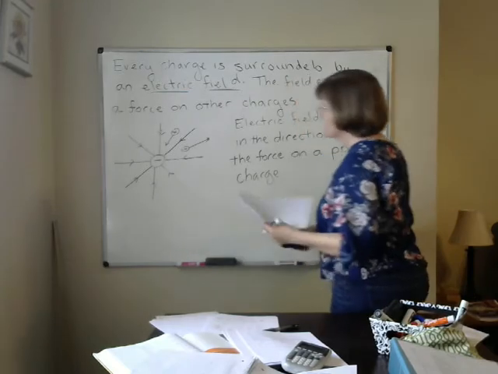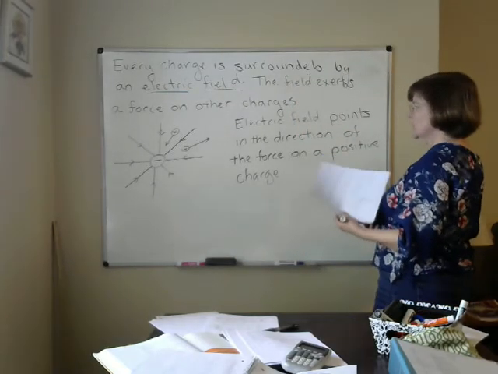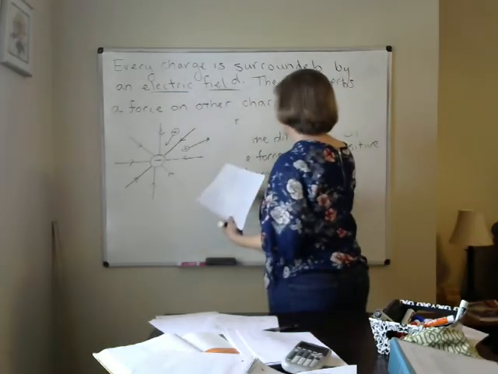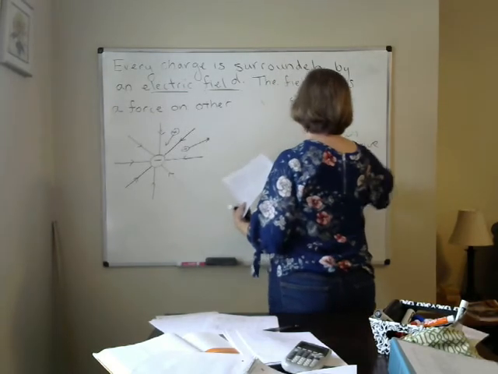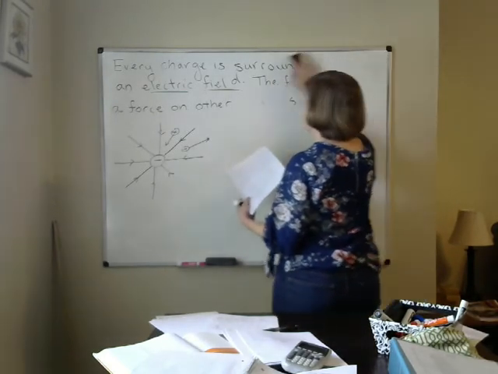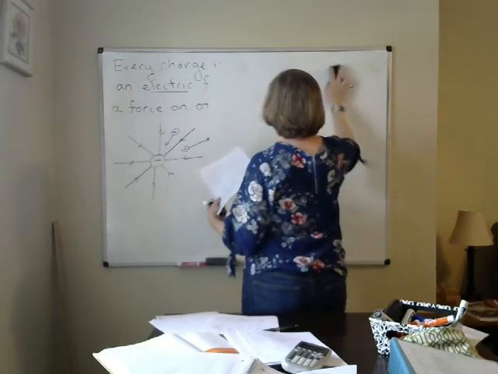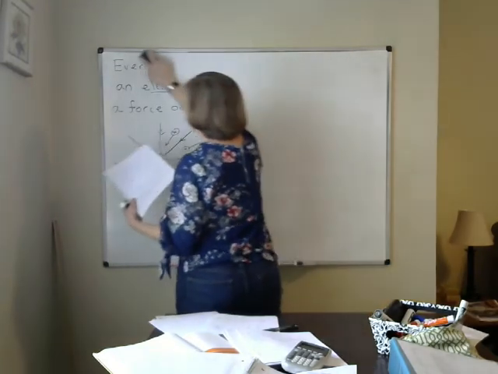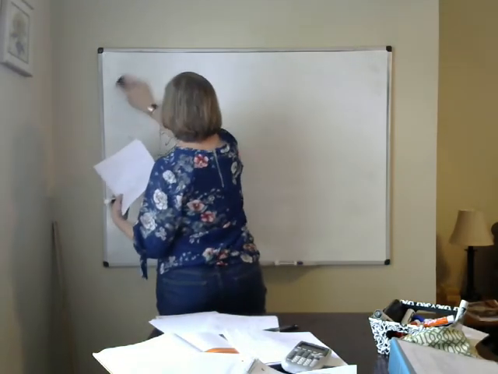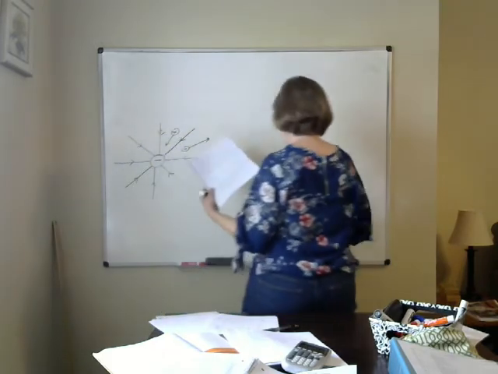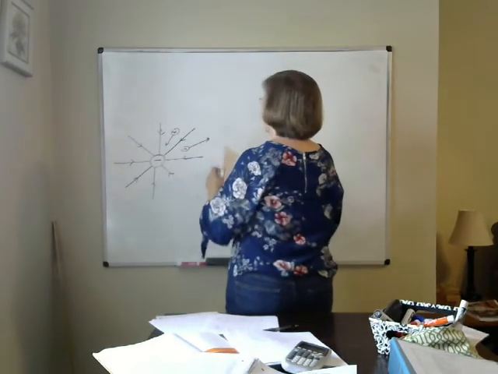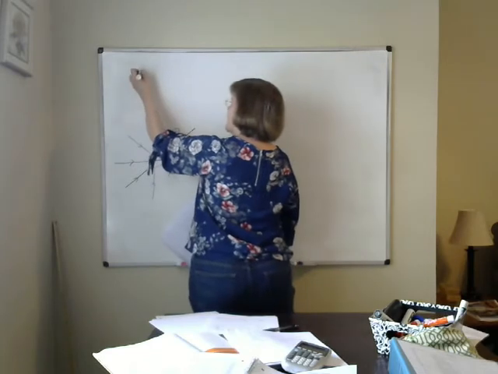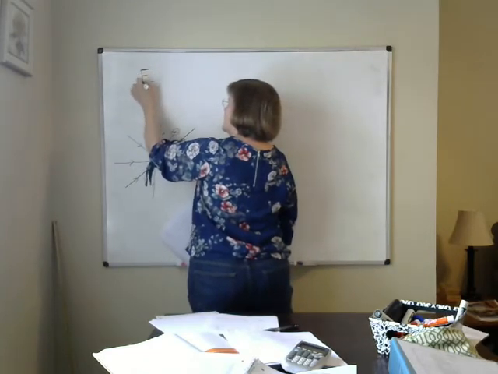Now, the actual size of an electric field is really easy to calculate. The strength of the electric field, or the size of the electric field, is given by this formula. And it is a vector field. The electric field has direction.